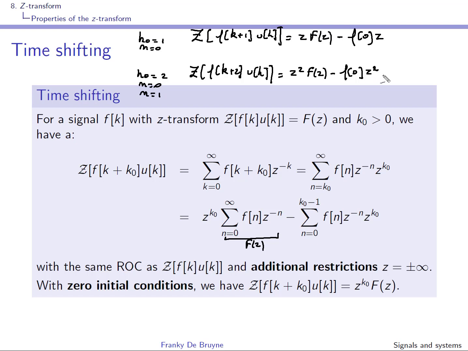So we have z squared, and now let us consider the term that is coming from n equal to 1. We'll have f of 1 z^(2-1) z, so this is z over here. These are the two formulas that you'll have to use in exercises where you have to solve difference equations and there is time shifting to the left.